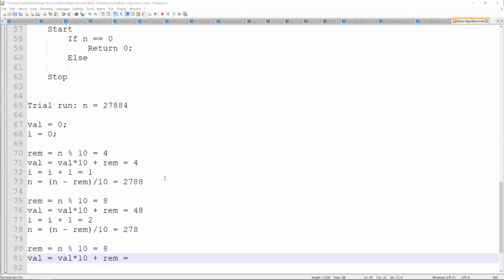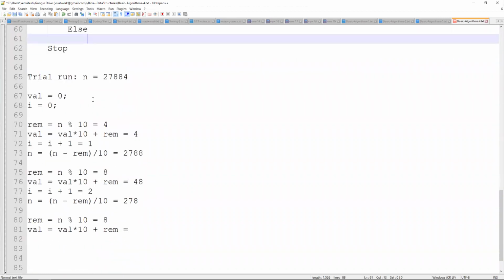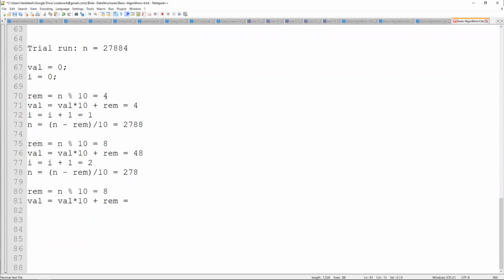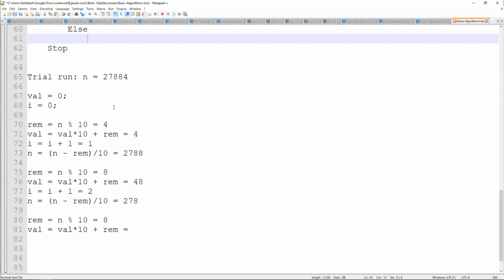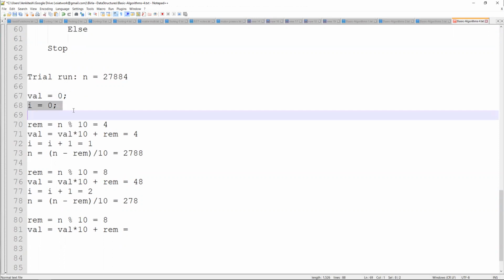So let us repeat this once again. Anyways, we have not written the main code here. So before that, let's do the trial run. Let's see how this is supposed to be done. So we have to reverse the digits of n. N in this case is 27884. So I'll initialize two variables, value which is 0 and I is equal to 0.